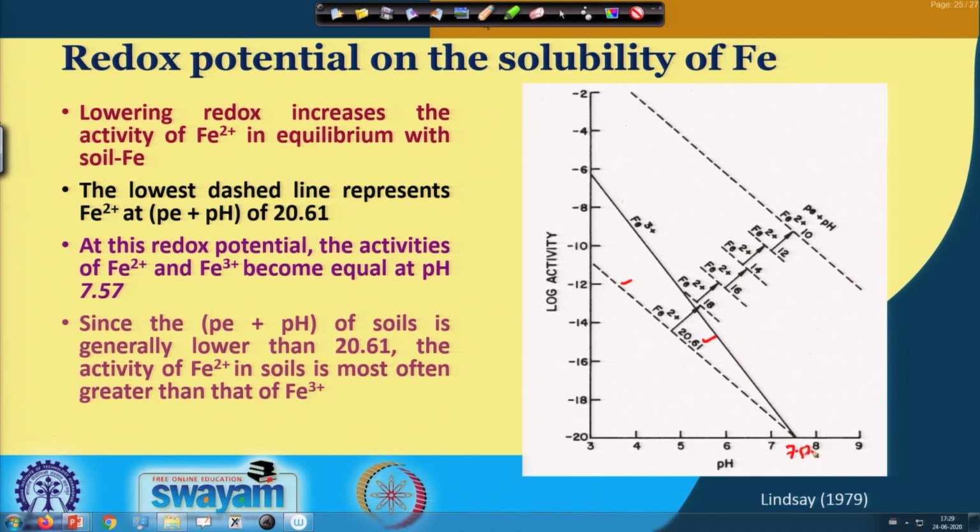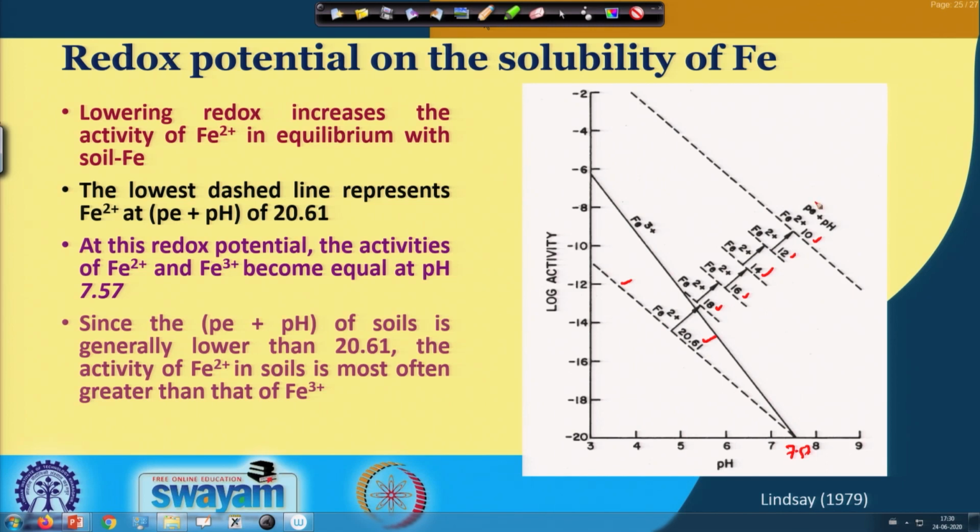Now, remember from this graph that the pe plus pH values of soil are generally lower than 20.61, as you can see: 18, 16, 14, 12 and 10. And the activity of Fe2+ in soils is most often greater than that of Fe3+. So, this graph shows us this implication.